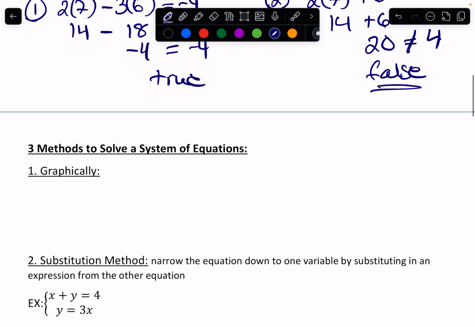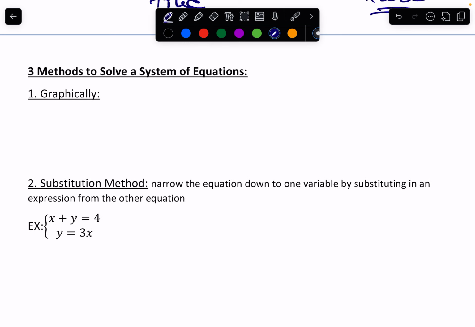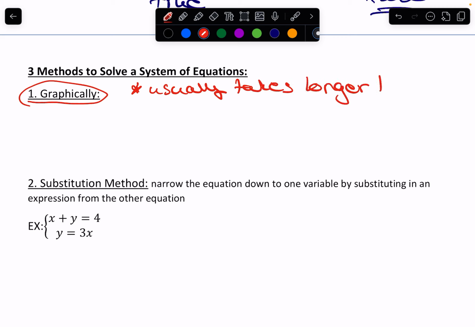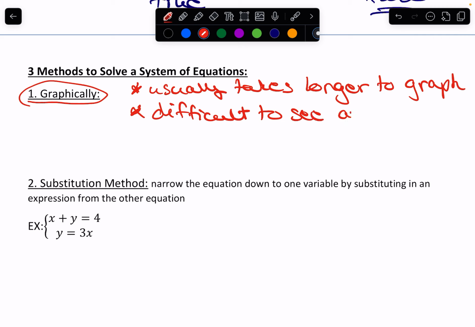All right. Let's move on and look at three methods to solve a system of equations. So we can solve a system of equations graphically. It usually takes a lot longer to graph, and it is sometimes difficult to see an exact solution from the graph.